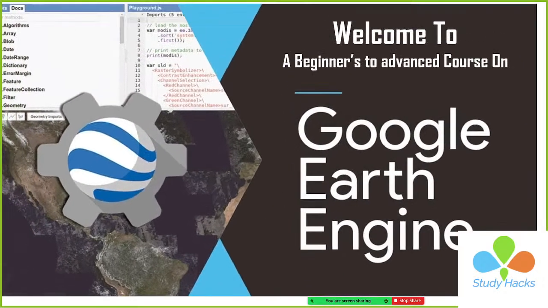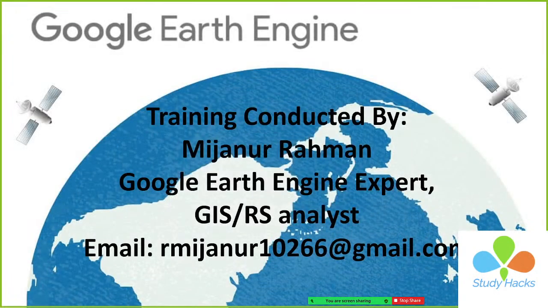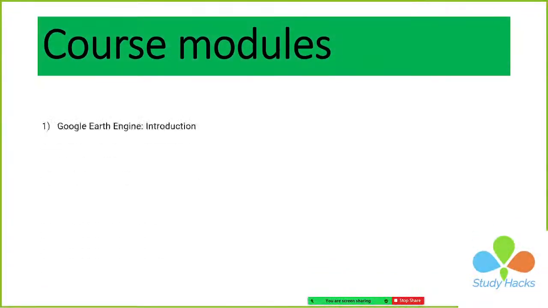Hi and welcome to the 7 days online training session on Google Earth Engine from beginners to advanced level. We already covered some classes. I am the course coordinator here, and this is our full course content, total 7 days.